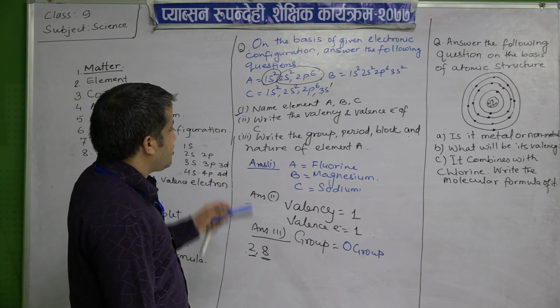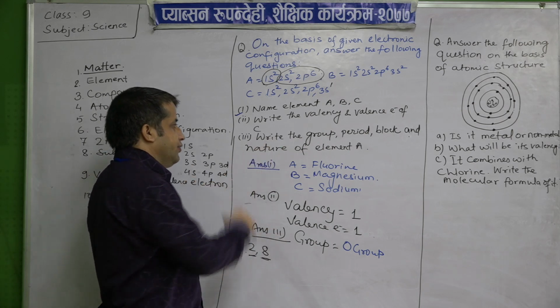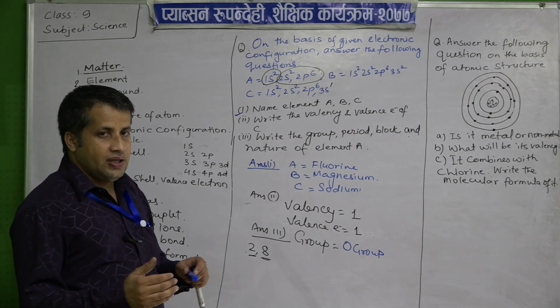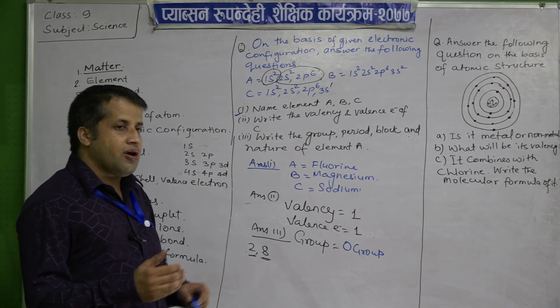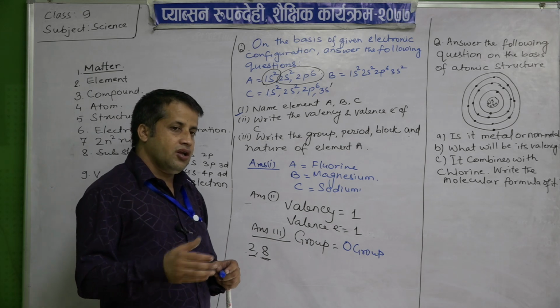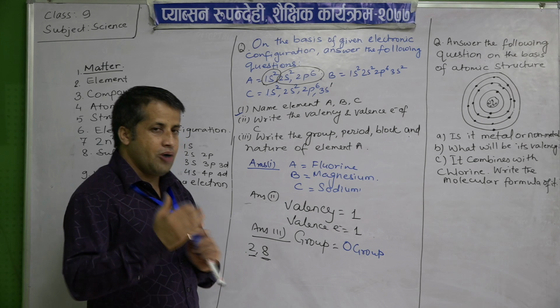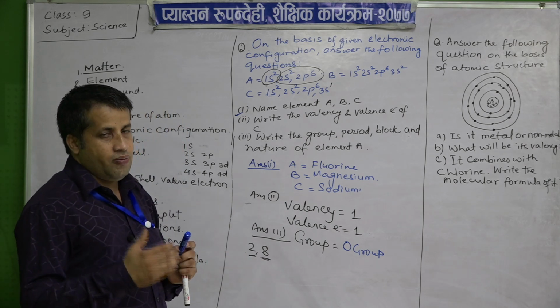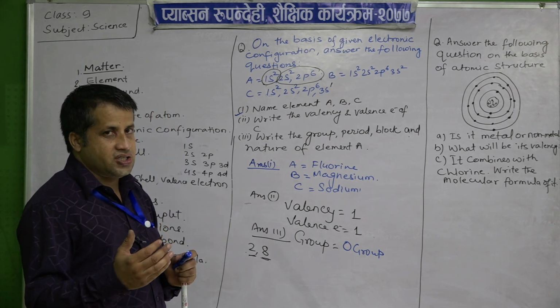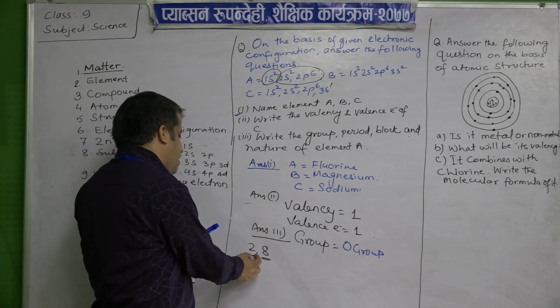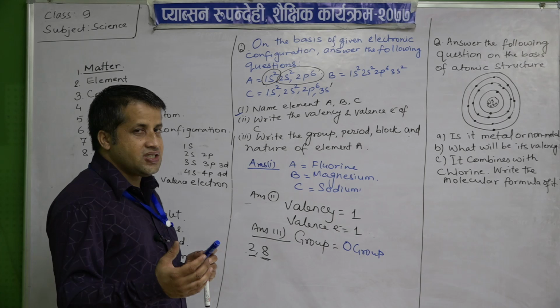Now, next is period. To know the period, in any example you see the number of shells in which the electrons are placed all together at the last. How many shells are the electrons arranged in?